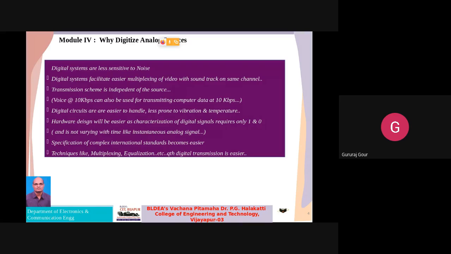So other than that, what is required? Even if you like to go for paying more for that. So the second reason is that digital systems allow easier multiplexing of a video with the soundtrack on the same channel. So this is very important, guys.